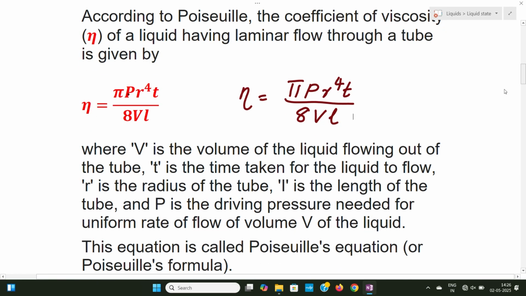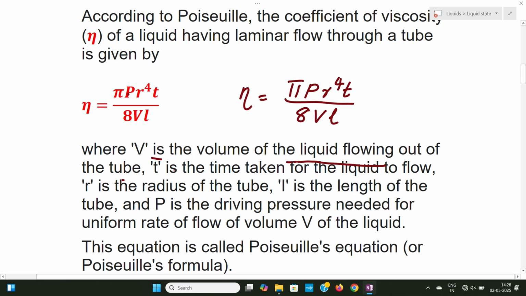In order to find the coefficient of viscosity using Poiseuille's equation, we should know the pressure, radius of the tube, time of flow of the liquid, V the volume of the liquid, and L the length of the tube. Once again, the equation is eta is equal to pi P r power 4 t divided by 8VL.